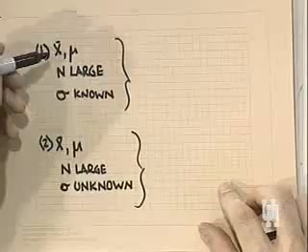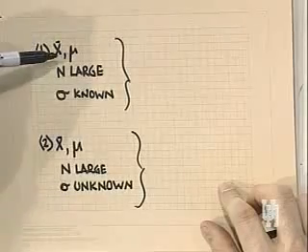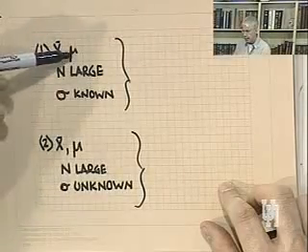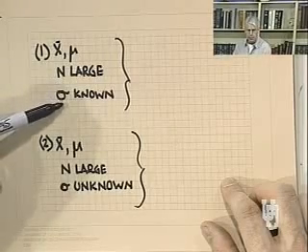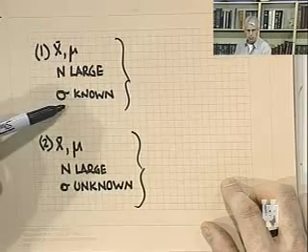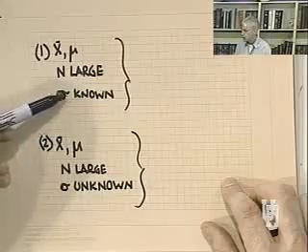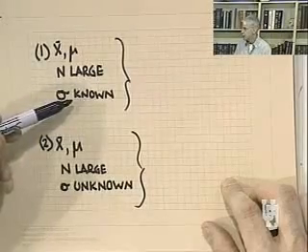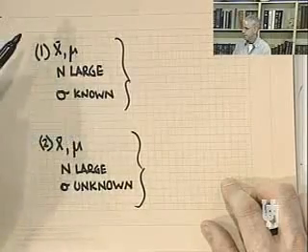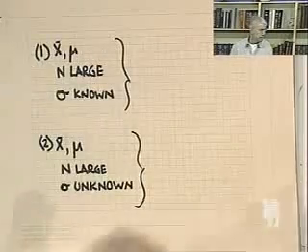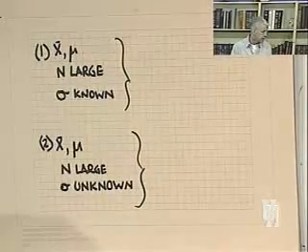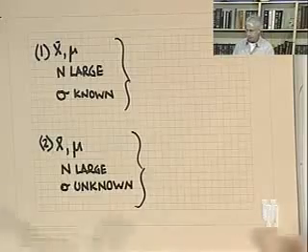The first situation is one in which you're comparing X bar and mu, N is large and sigma is known. That is, the population standard deviation is known. This corresponds absolutely to the first situation that we examined in the context of interval estimation.